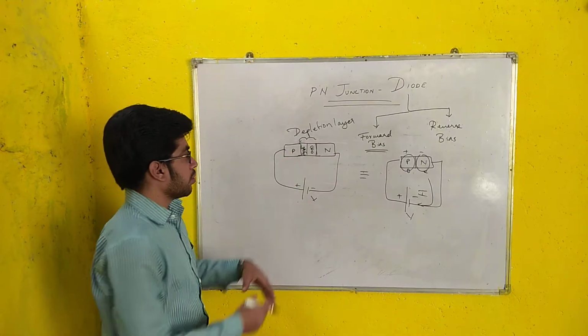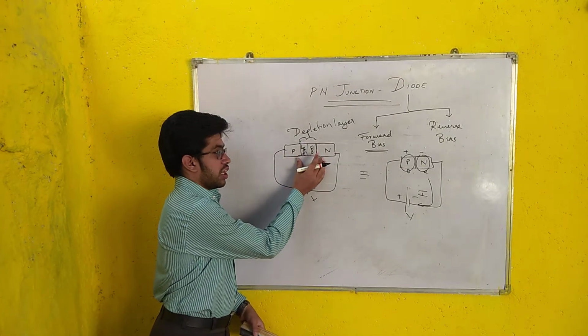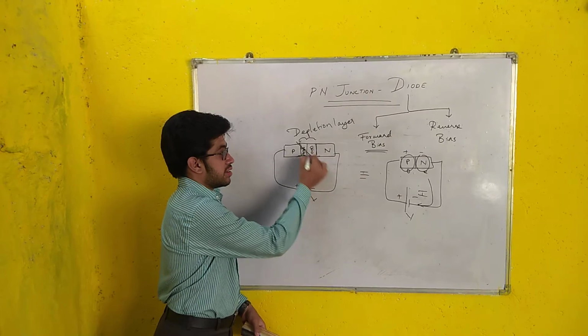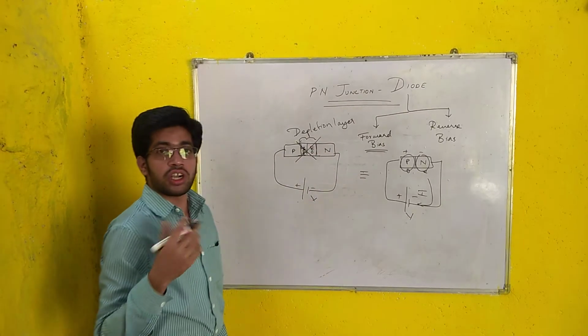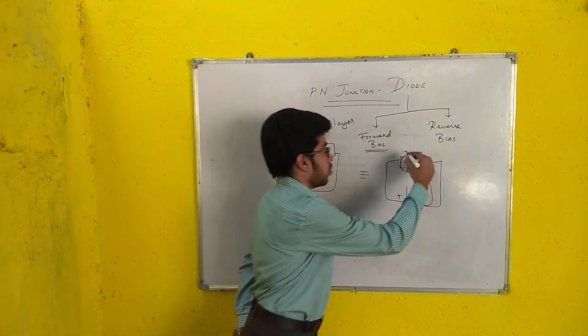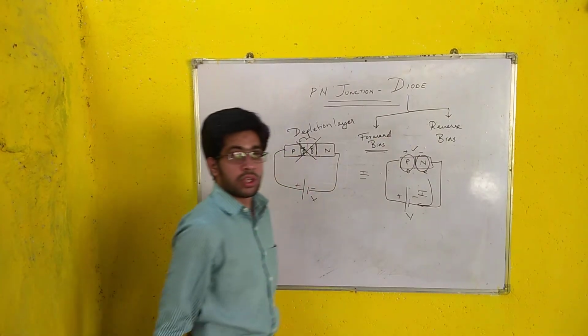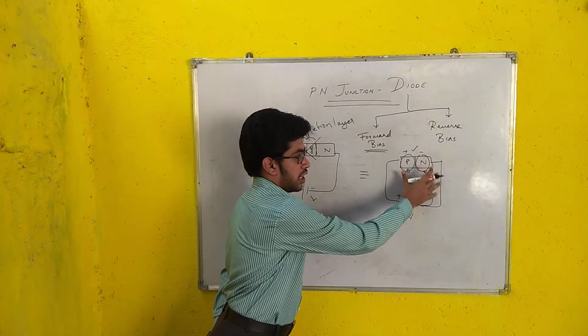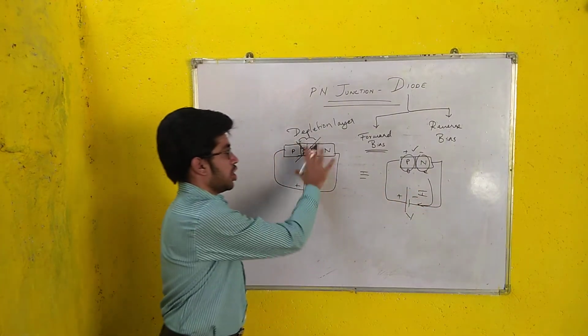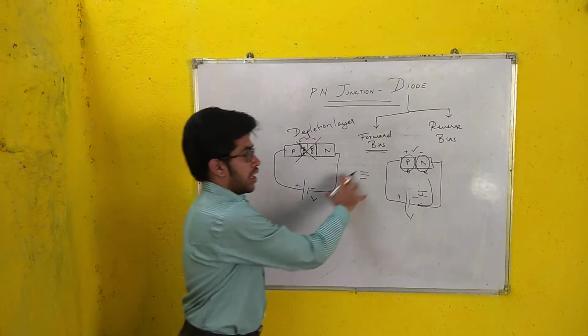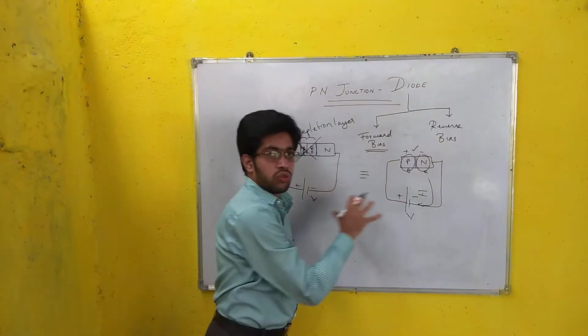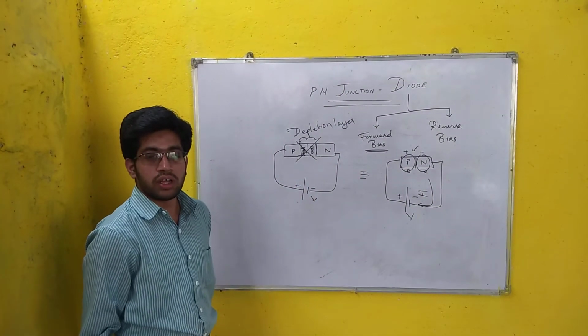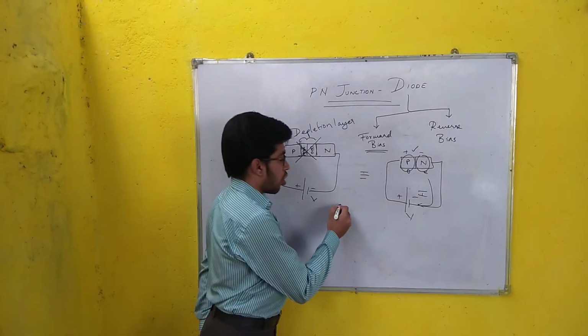After a time, this depletion layer vanishes and then again comes back to the P-N junction, and the diode works in the normal way and continues the cycle. So in this state of forward bias, the diode is always in the on state.